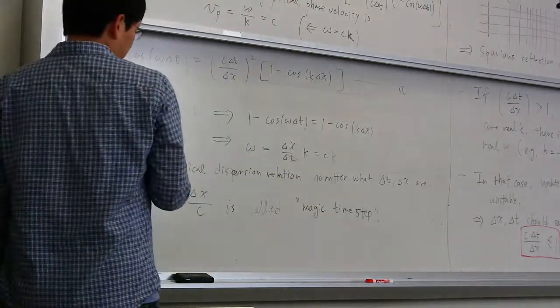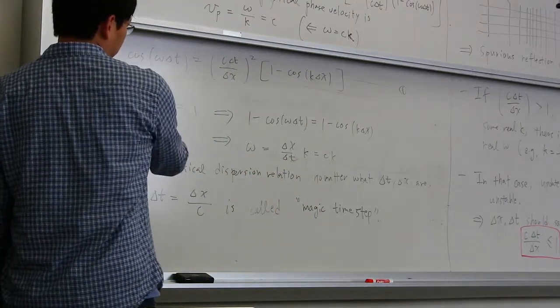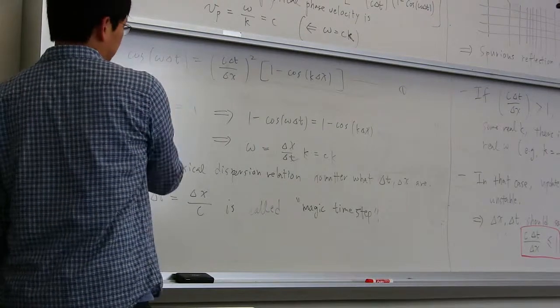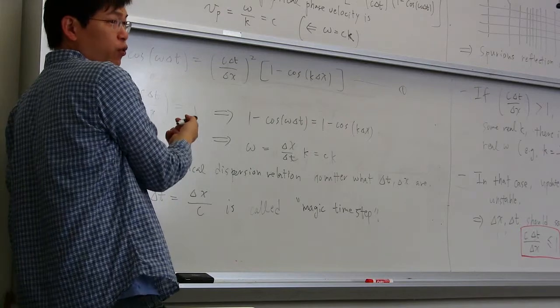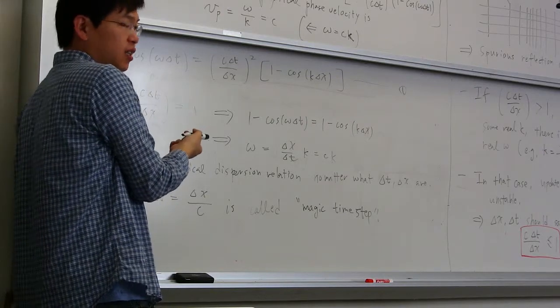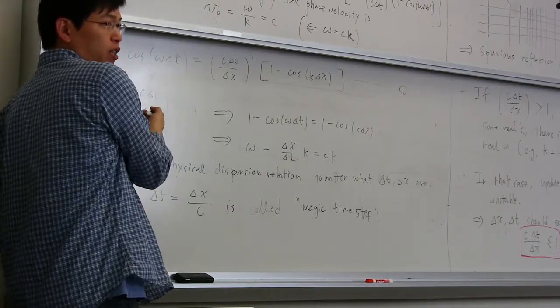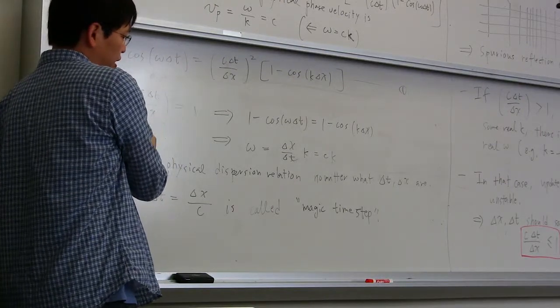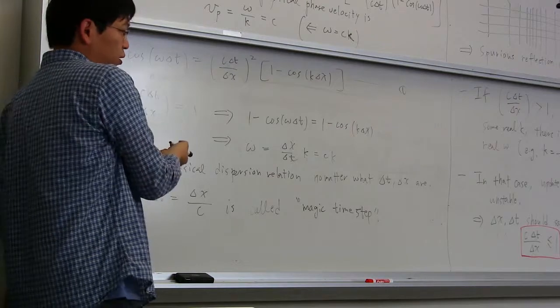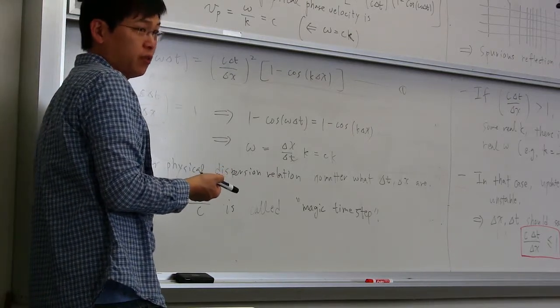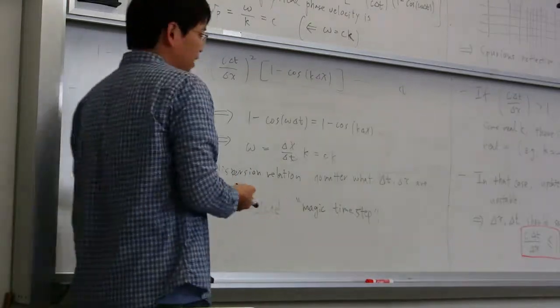So you can choose any delta t that makes c delta t over delta s less than 1 to make the algorithm stable. But if you make the ratio exactly 1, then you do not suffer from the numerical dispersion issue at all, only for 1D.